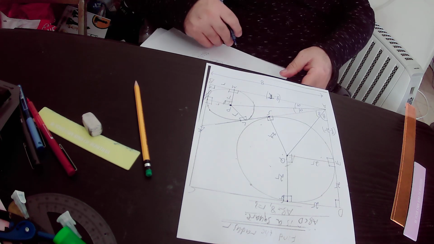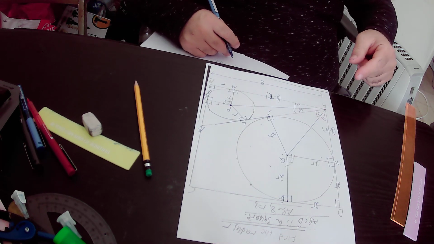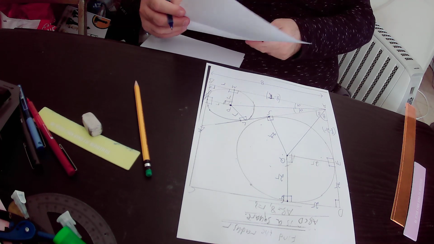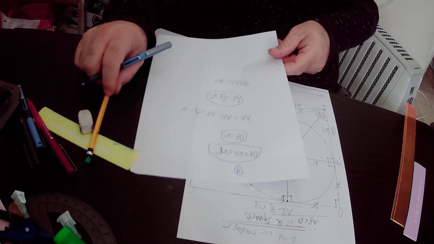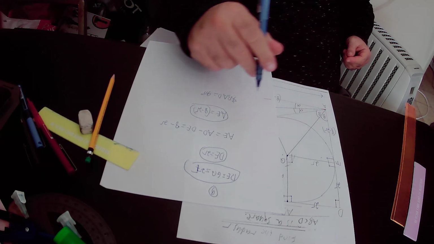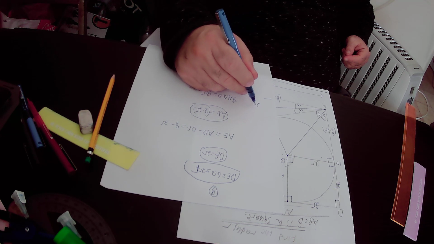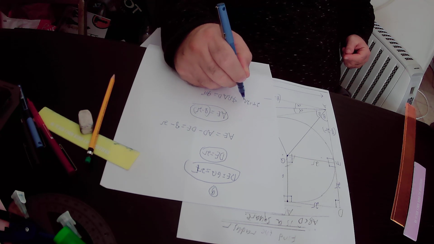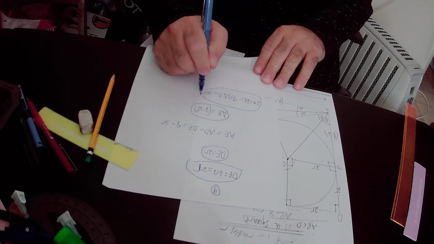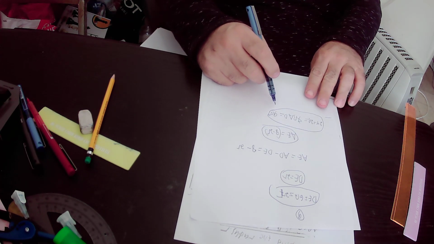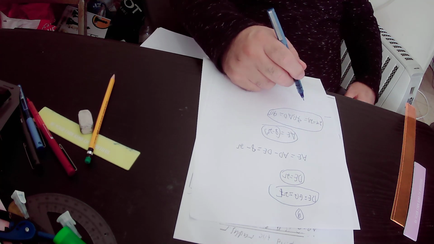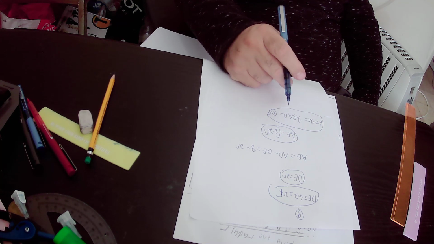But we know that angle BAD consists of 4 angles. So actually we can also write down that angle BAD equals 2 alpha plus 2 beta. So from this equality we will conclude that 2 alpha plus 2 beta equals 90 degrees.